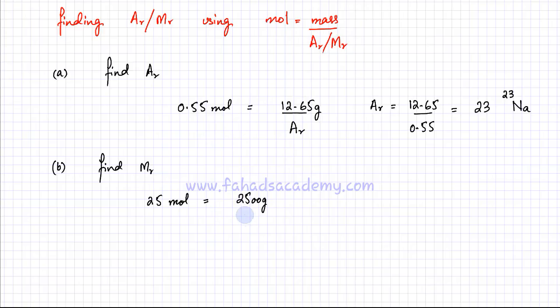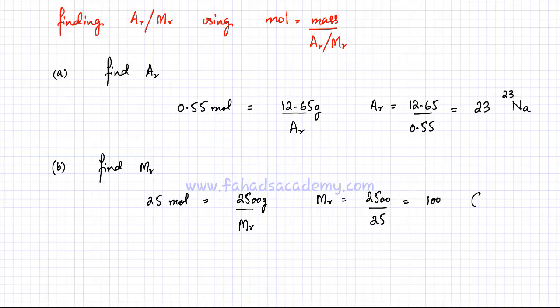So moles is equal to mass over MR. So the MR is unknown, and you can find out the MR by rearranging it. So it's going to be 2500 divided by 25, which comes out to be equal to 100.